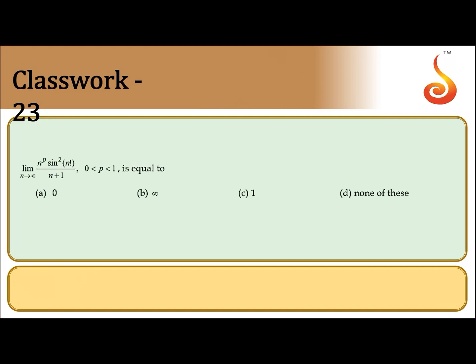Coming to the next one: n to the power of p sine square of n factorial divided by n plus 1. But observe, p lies between 0 and 1, which means p is a fractional value. So n to the power of a fraction multiplied by sine square of n factorial divided by n plus 1, as n tends to infinity.